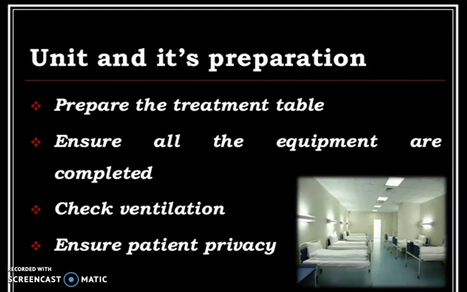The ventilation holes will be there in each room. Check whether this ventilation is proper and whether we will get adequate ventilation or not. Then artificial ventilation: if an electric fan or ceiling fan is present, check whether it is functioning properly or not. If it is an AC room, check the functioning of the AC so that they will be getting good ventilation.